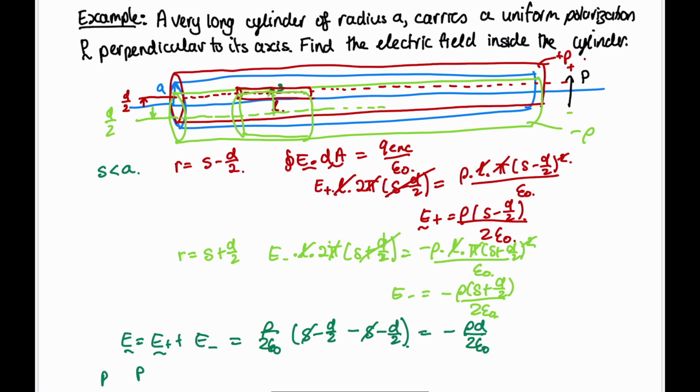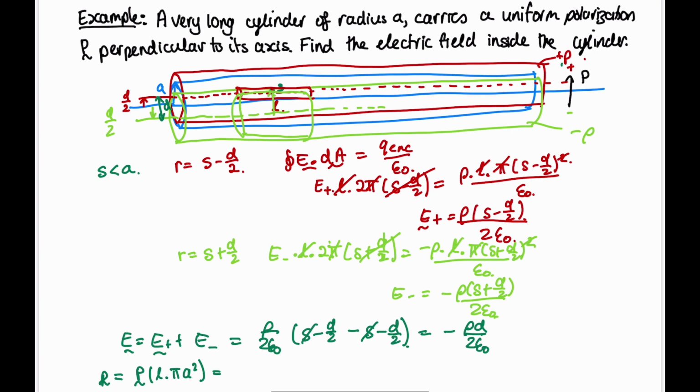So we've got that the dipole moment is equal to the polarization times the volume. And in this case, our total volume is the length times pi a squared, and the dipole moment is also equal to the separation of the charges. So how much these two are separated. They're separated by this distance d here, so it's the distance times the total charge.